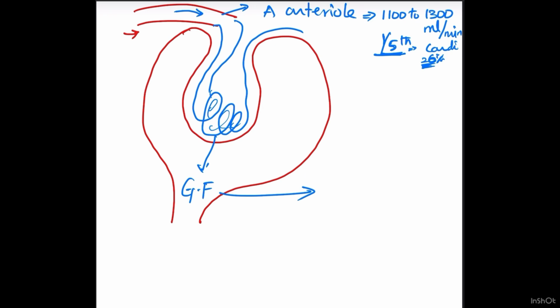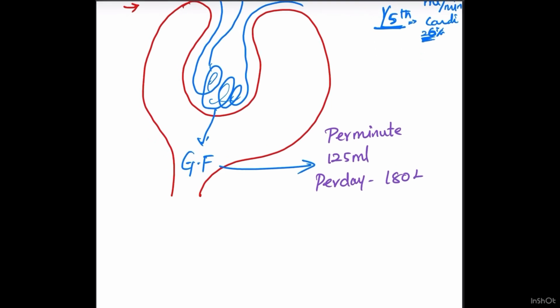How much glomerular filtrate is produced? Per minute it is 125 ml, and per day it is 180 liters.